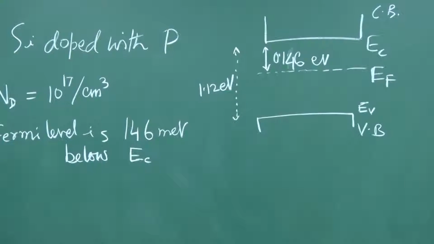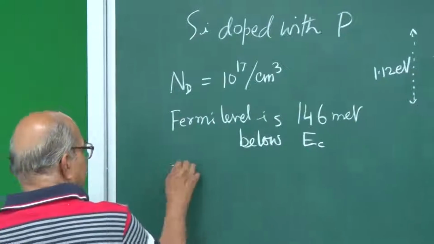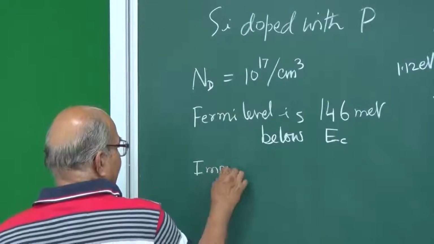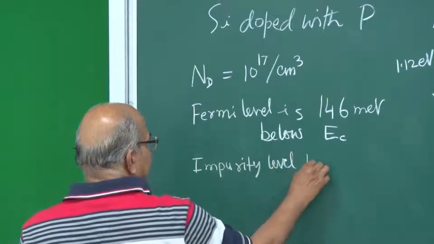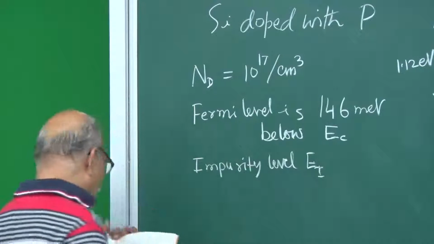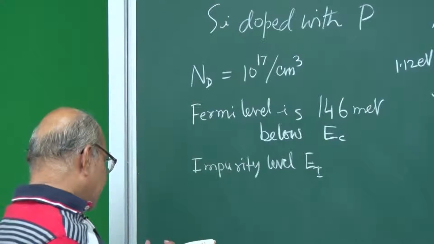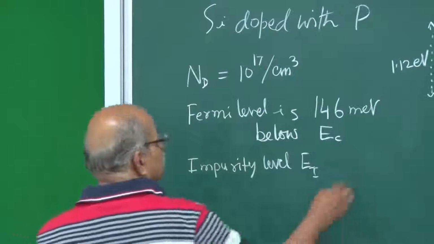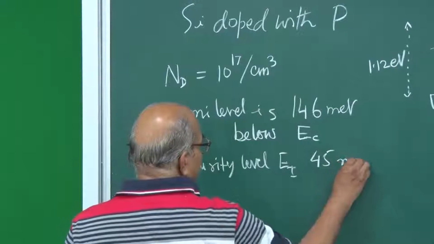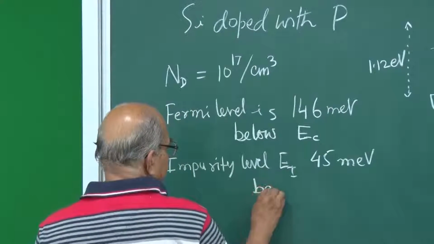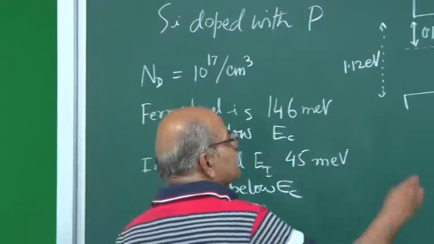And then another data is given that ED, the donor impurity level, you can call it E impurity, is 45 meV below EC. So the impurity level is formed somewhere here.